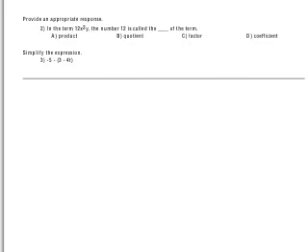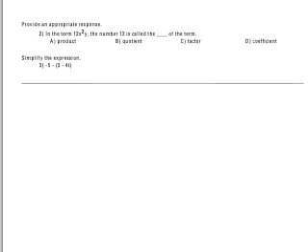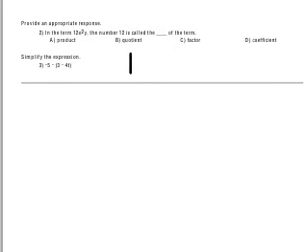Number 2, in the term 12x squared y, the number 12 is called the what of the term? Well, you need to know what each of these things is called. You've got 12 x squared, or x to the second power, y. Okay, the 12 is the coefficient.